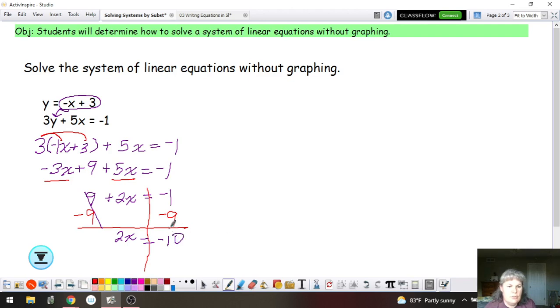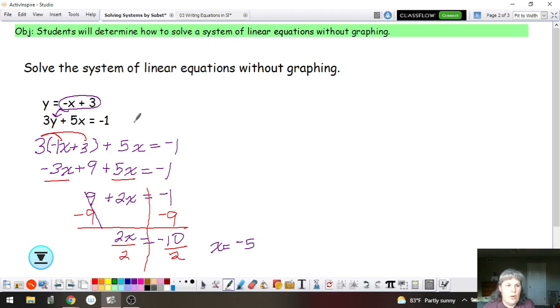To undo the 2, this is 2 times x, we have to divide by 2. So once we divide by 2, x equals negative 5. Negative divided by positive is negative. We aren't finished, however. We still need to solve for y.